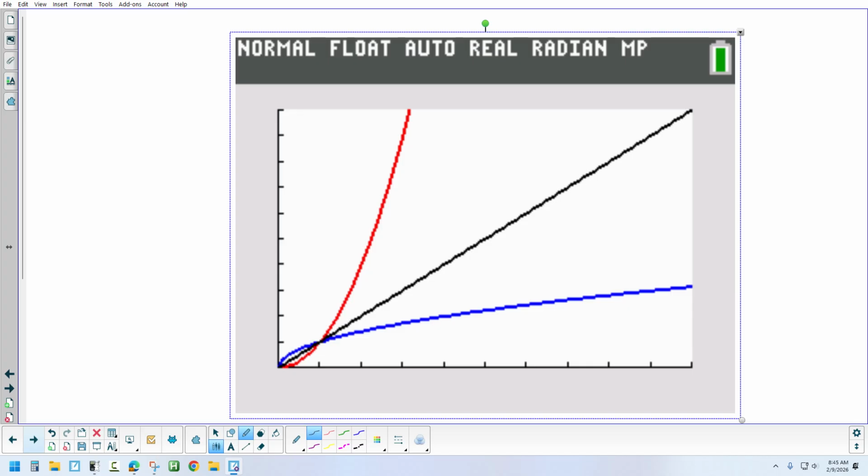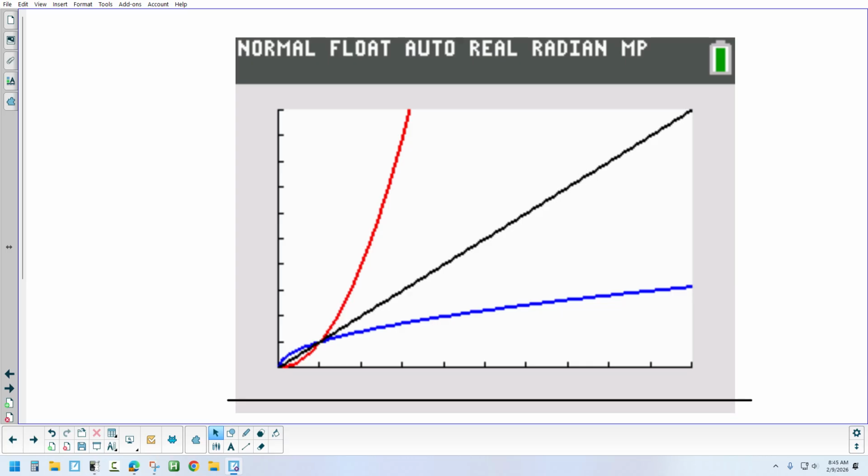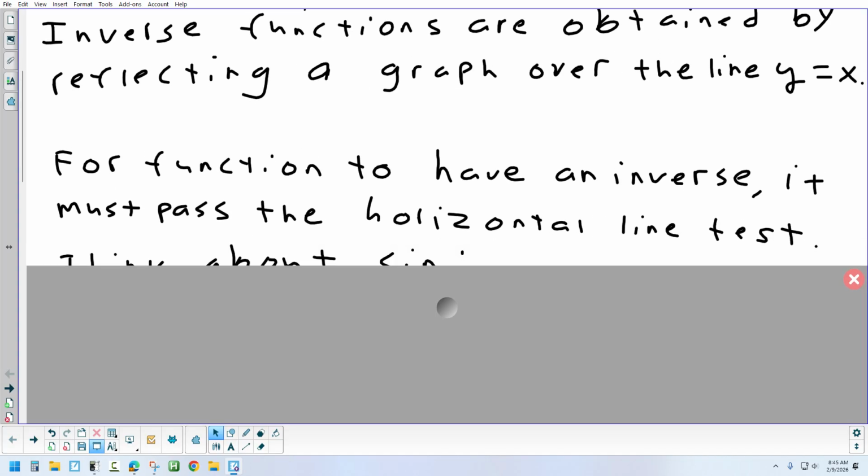The one in blue. If I put a horizontal line, no matter where I put it, it never hits the graph in blue more than once. Does anybody disagree with that? No matter where you put it, I'm just looking at the blue one, it only hits it one time. Because it only hits it one time, it passes the horizontal line test, which means it has an inverse that would be a function.